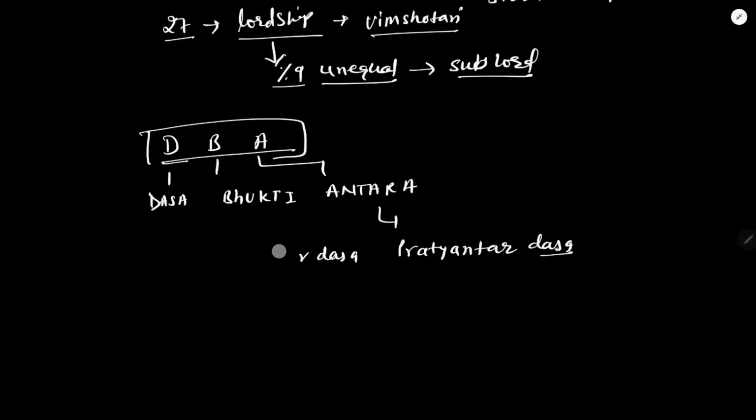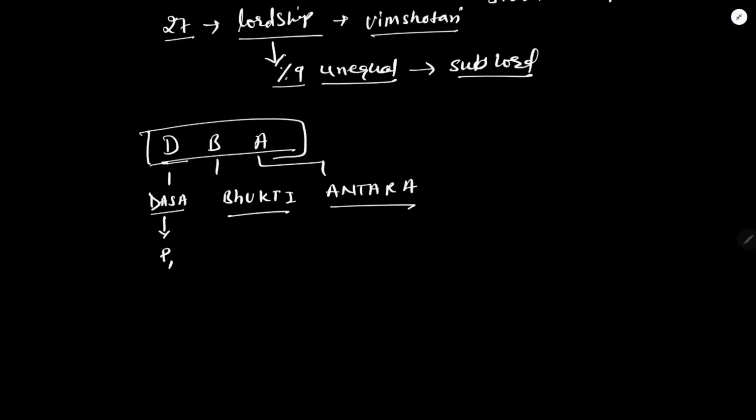So if you consider DBA, Dasha, Bhukti, and Antara, Dasha would be of a planet P1, Bhukti will be of planet P2, and Antara will be of planet P3.